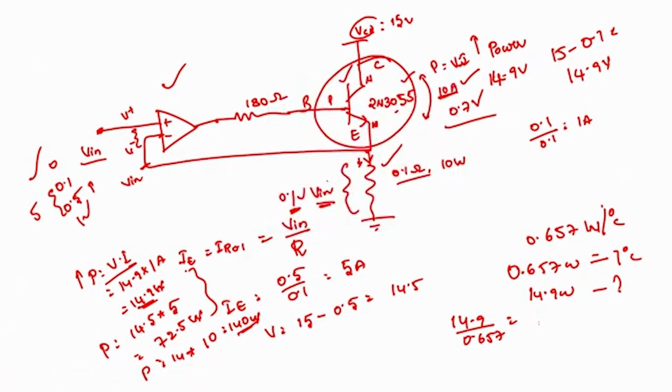Approximately 22 degrees, and it starts from 25 degrees. Now 22 plus 25 will be somewhere around 47 degrees centigrade, right.